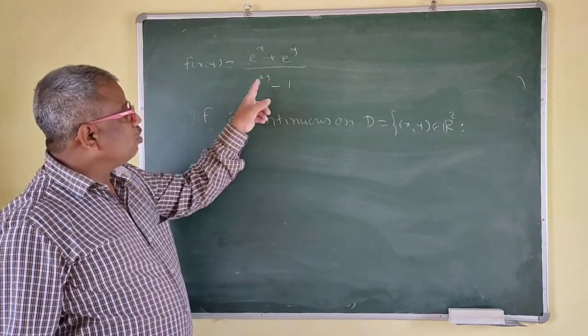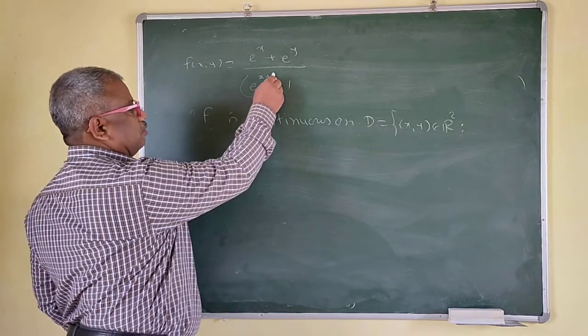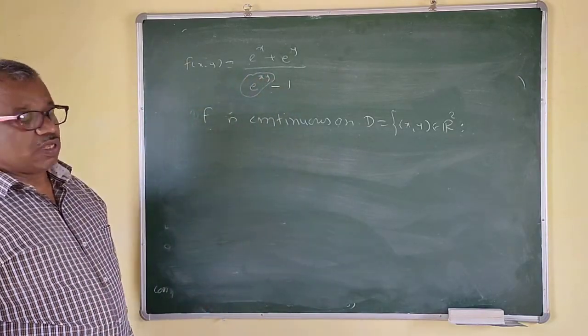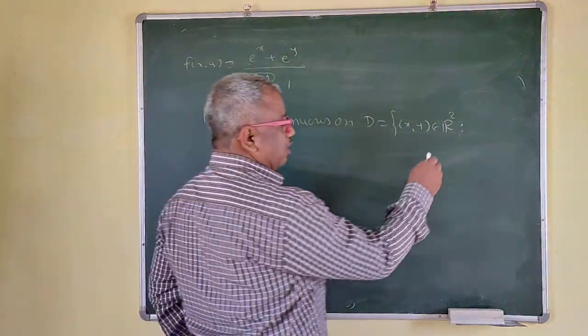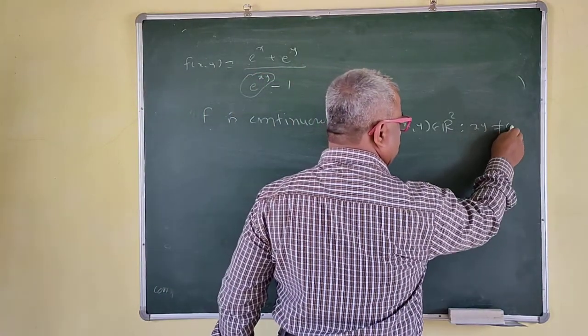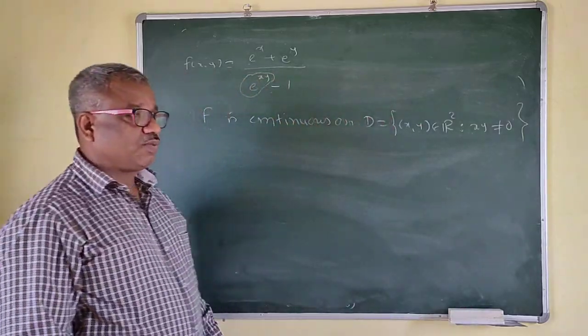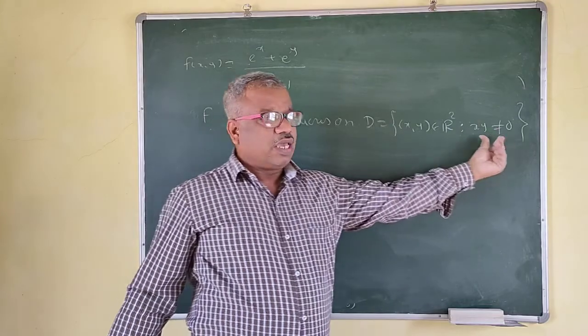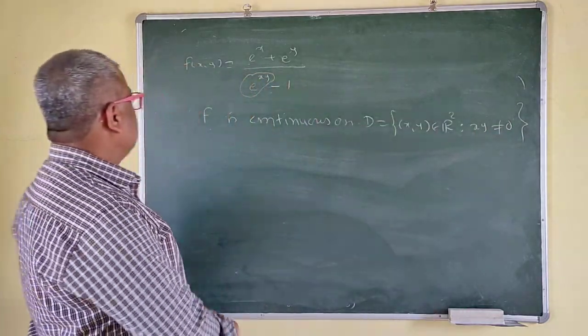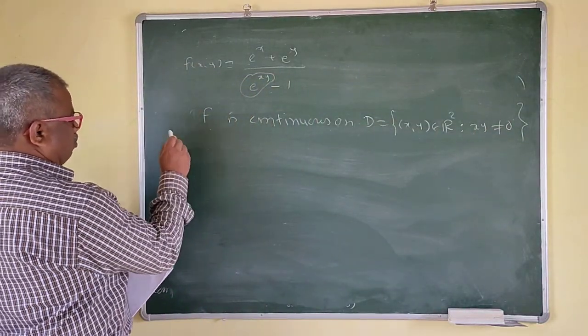The denominator is 0 if e^(xy) is 1, which happens when xy is 0. So for xy equal to 0, the denominator will be 0. So what we are taking? xy not equal to 0.